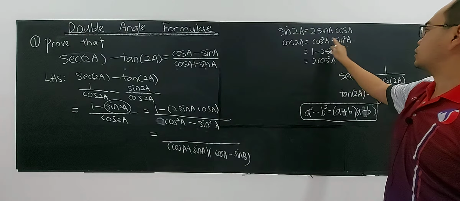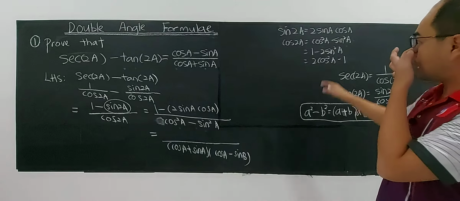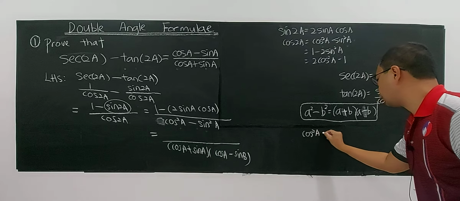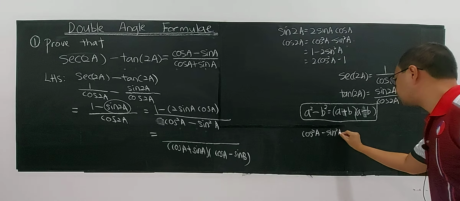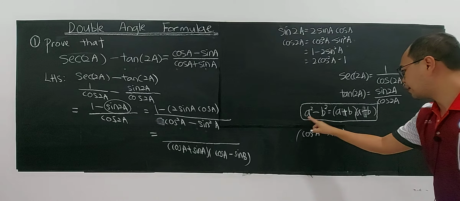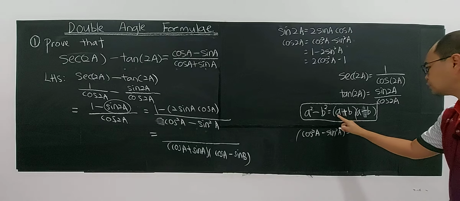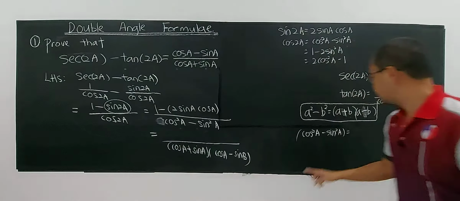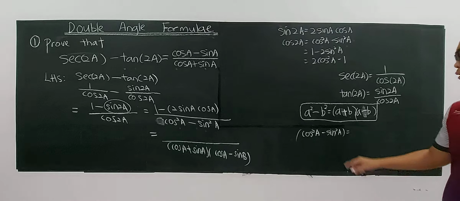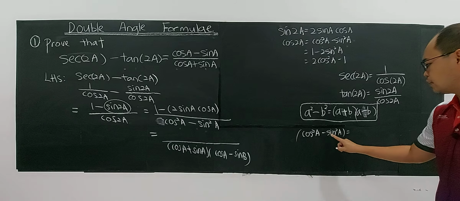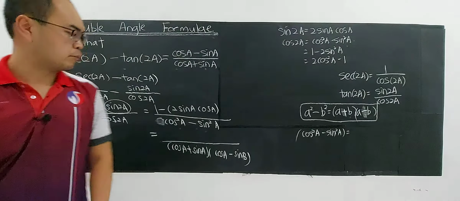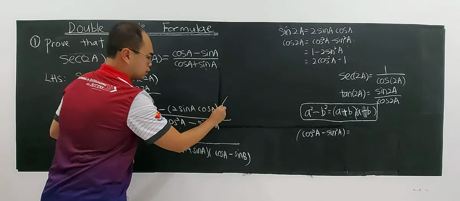So I choose cos square A and sine square A, because after I factorize, cos square A minus sine square A, where A is cos A and B is sine A, I will get cos A plus sine A, and cos A minus sine A, right? So now I have already factorized the denominator. But the problem is the numerator.